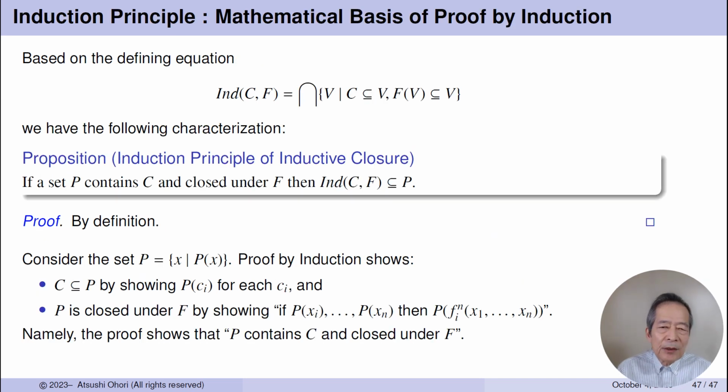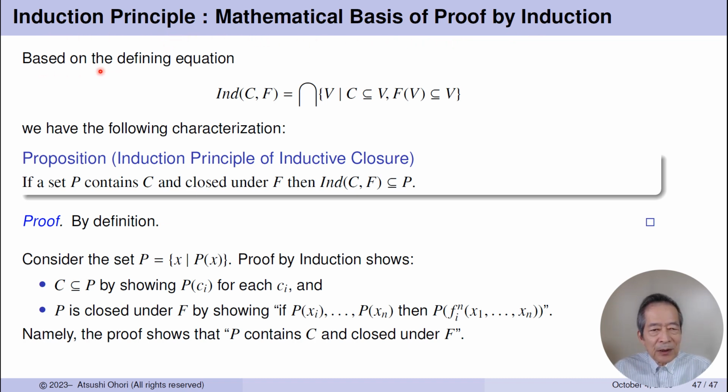The previous understanding of proof by induction as a mathematical induction on the sequence of sets is good enough, intuitive and rigorous. However, there is another characterization which is in some sense more direct and more basic. That is the induction principle. This is usually taken as a mathematical basis of proof by induction. So let's go over this.